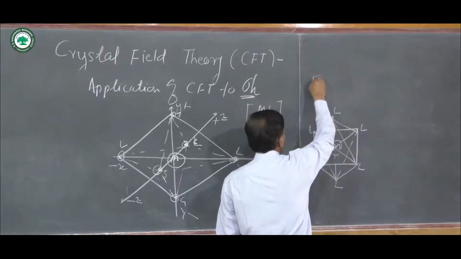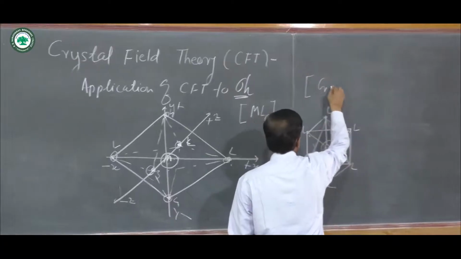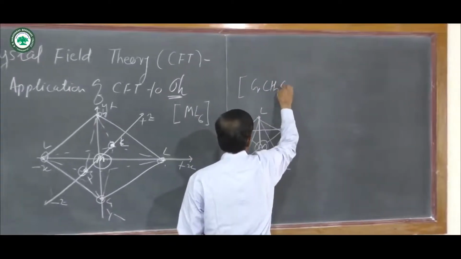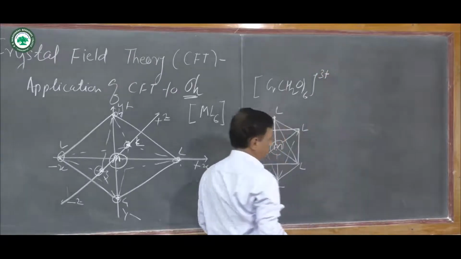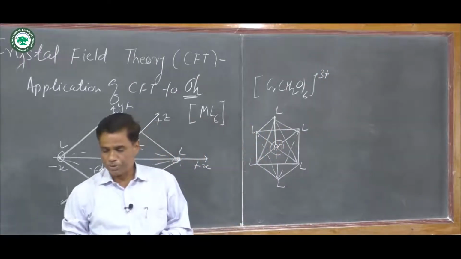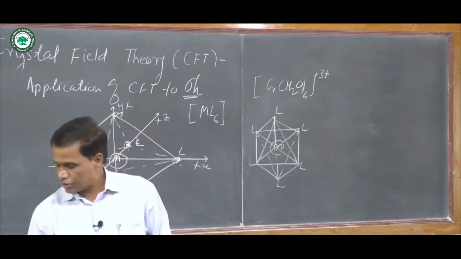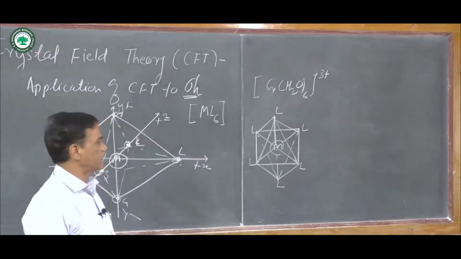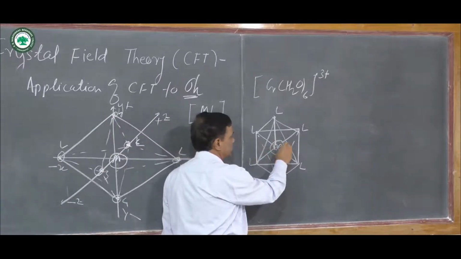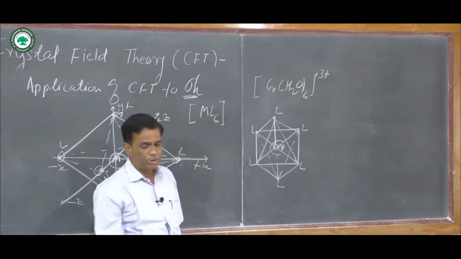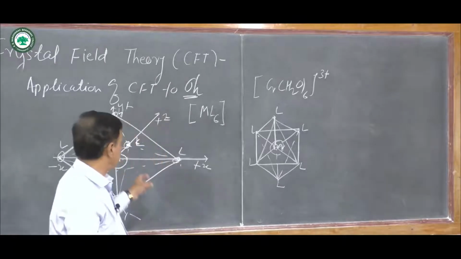Example is, suppose there is a formation of the [Cr(H2O)6]3+ complex ion. In this complex ion, chromium 3+ is at the center position, meaning the metal ion is at the center.